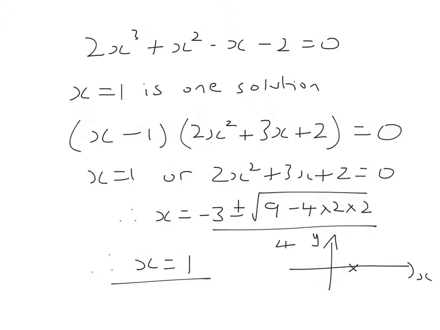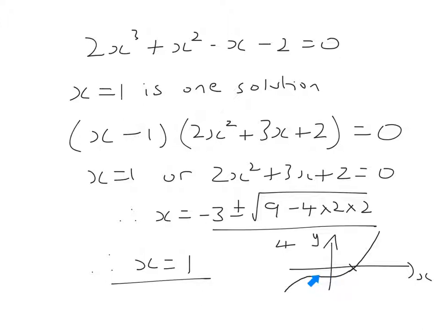So when I'm asked to sketch this graph, I know it does that. This point here is minus 2. How do I know that? Because when I put naught there, naught there, naught there, the whole lot is minus 2. Need to be careful, I've just about managed it.